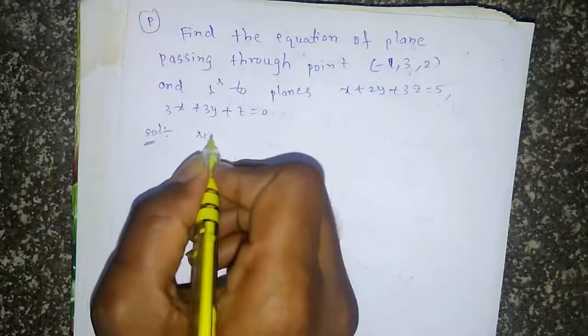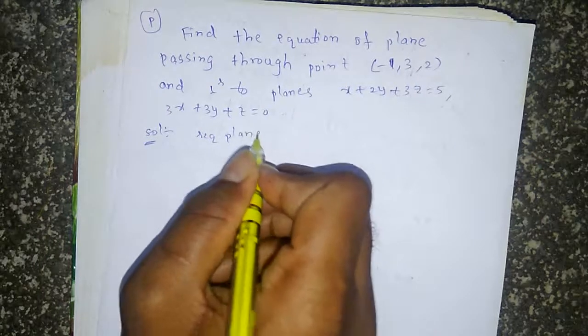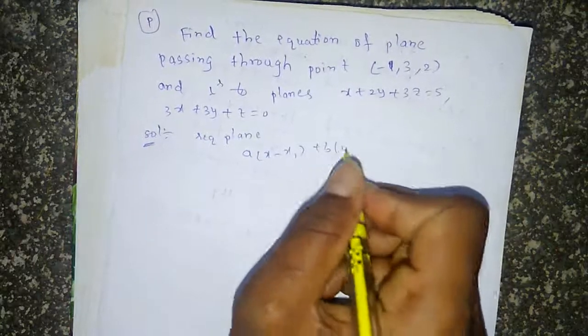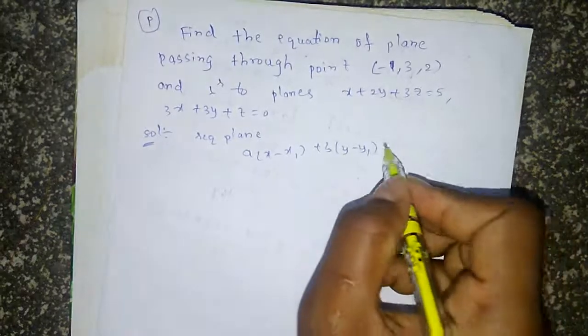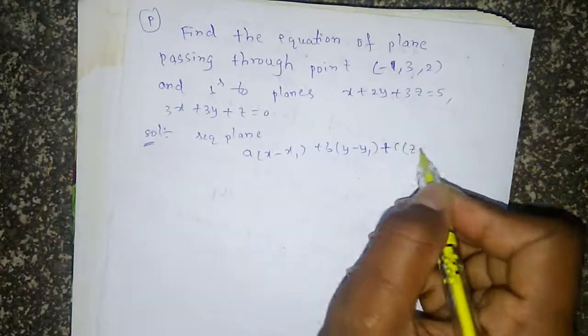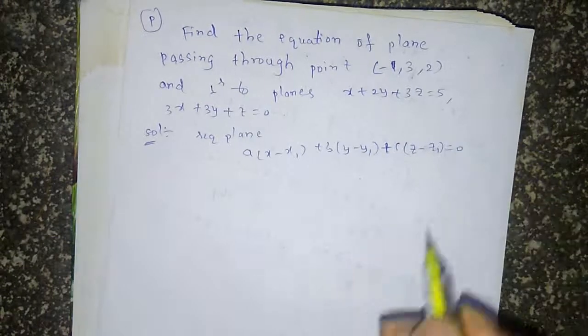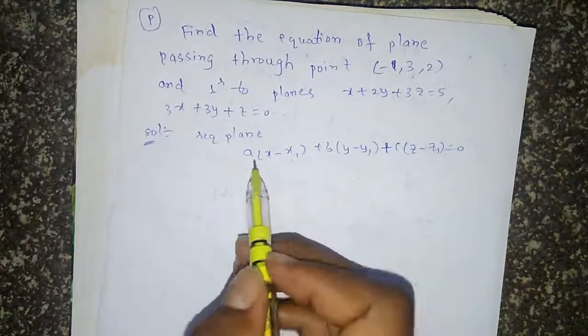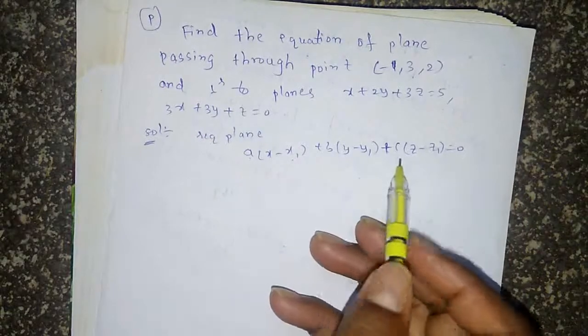So our required plane equation is a into x minus x1 plus b into y minus y1 plus c into z minus z1 is equal to 0. This is the equation of plane passing through x1, y1, z1 having DRs of normal a comma b comma c.